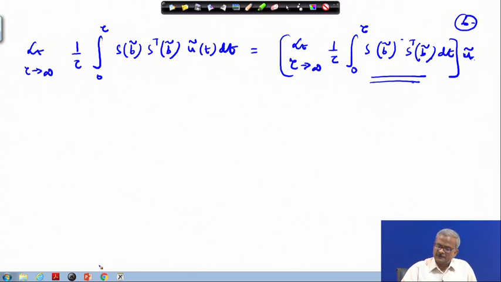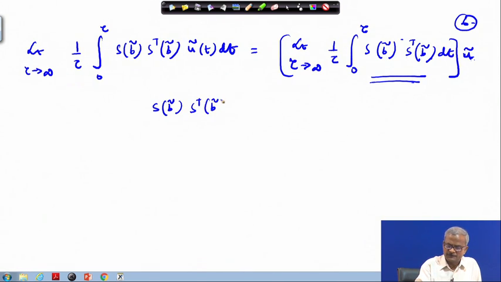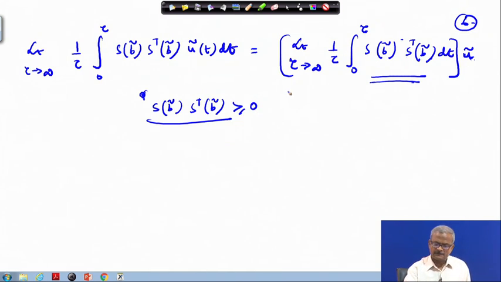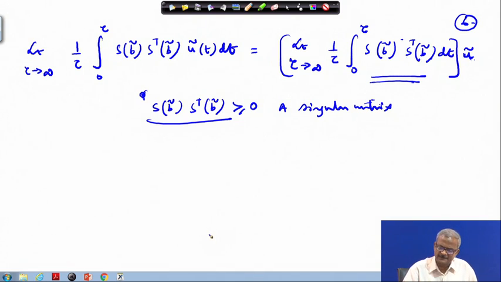Now, as you know, the quantity S b tilde S transpose B tilde is a singular matrix, rank deficient.